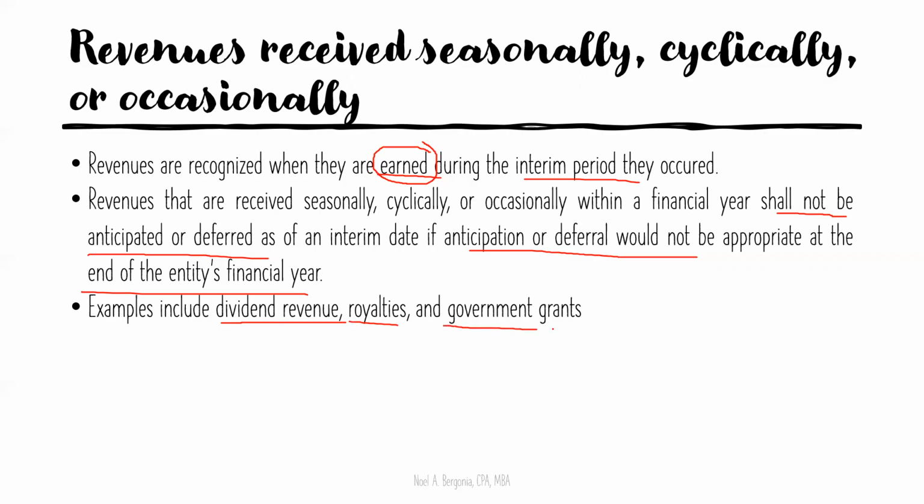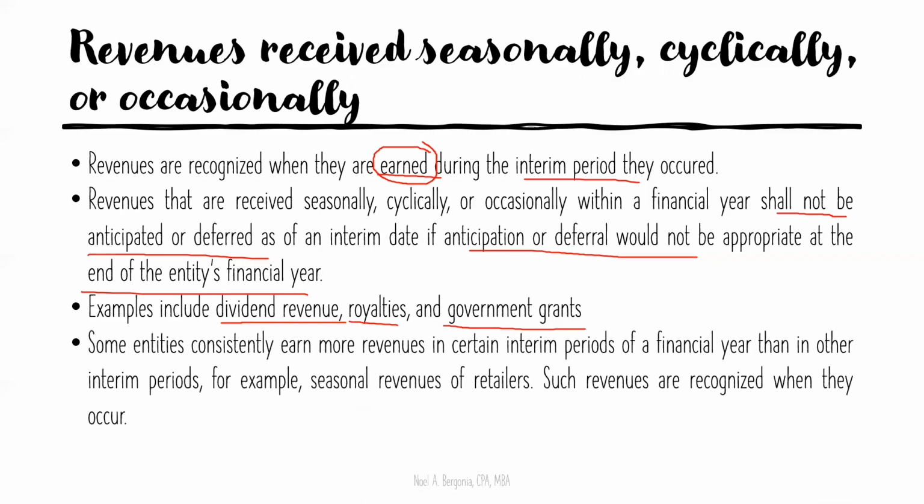And also some government grants, okay, that you will also discuss in PPE, possible, okay, and that is in accordance with IAS number 20, accounting for government grants. Okay, so some entities consistently earn more revenues in certain interim periods, baka doon kasi nag-shoot up yung kanilang mga sales, no, okay, than the other interim periods, no.